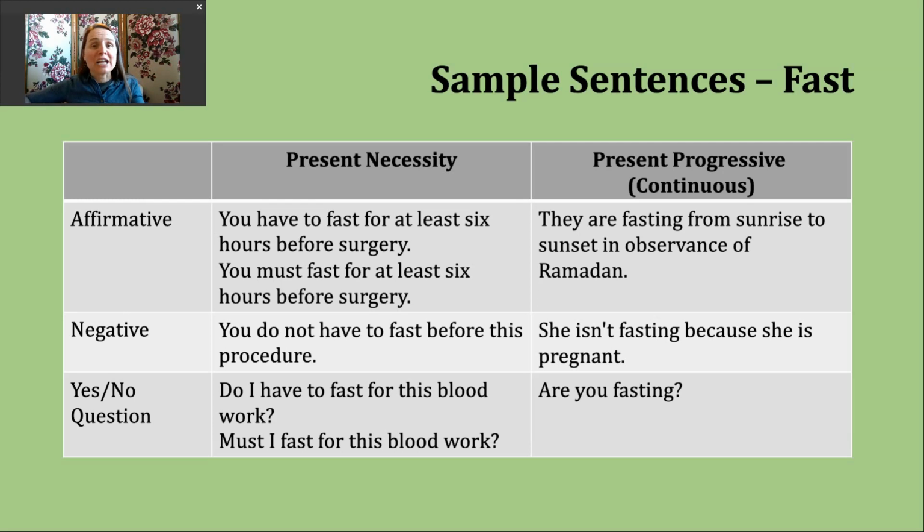If our subject is I, you, we, or they, we're going to use do not have to, and then the base verb. But if the subject is he, she, or it, we're going to say does not have to. Okay, that'll be our form. So an example here. You do not have to fast before this procedure.